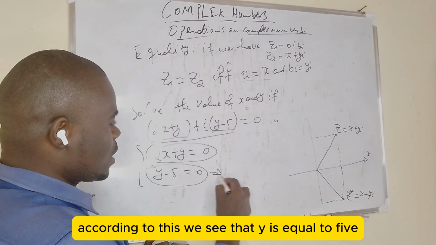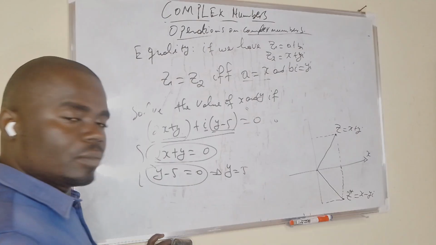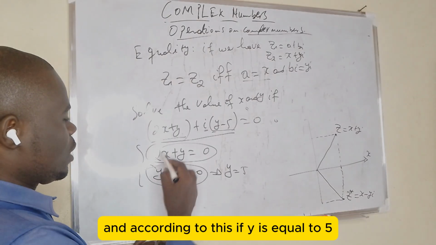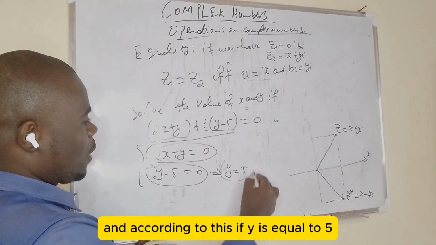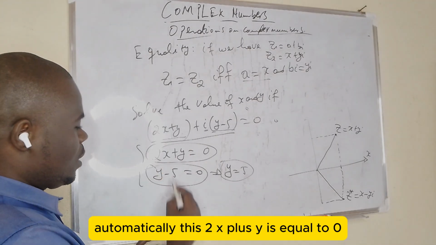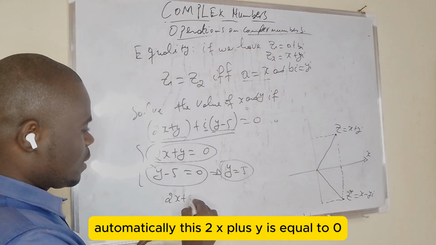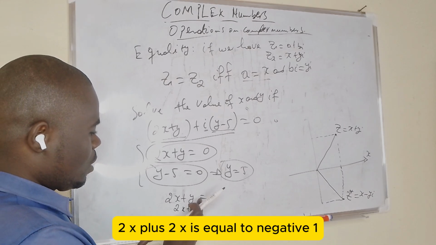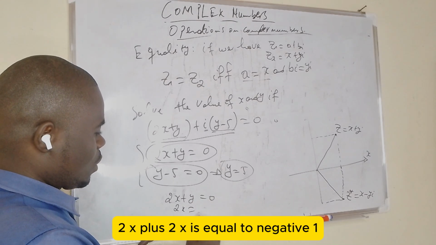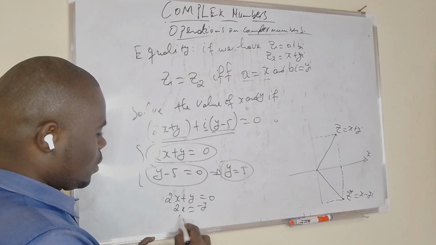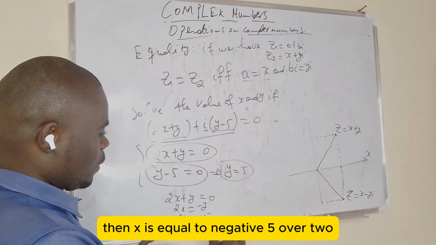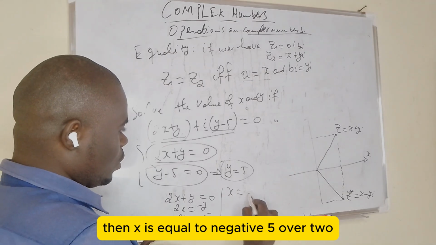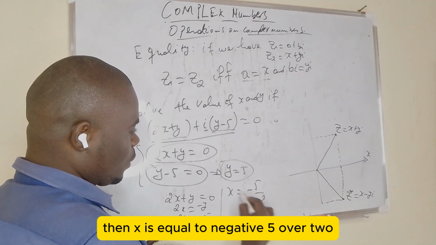According to this, we see that y is equal to 5. And if y is equal to 5, then 2x plus y is equal to 0 gives 2x equal to negative y, so 2x is equal to negative 5, then x is equal to negative 5 over 2.